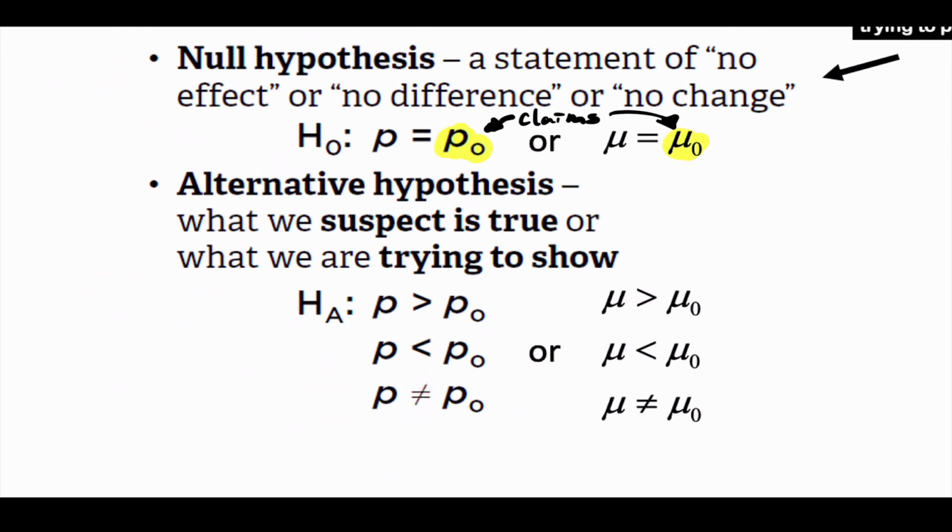The true proportion is actually bigger than the claim, or smaller than the claim, or just different than the claim. That's what these mean.